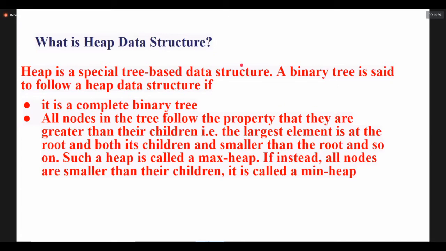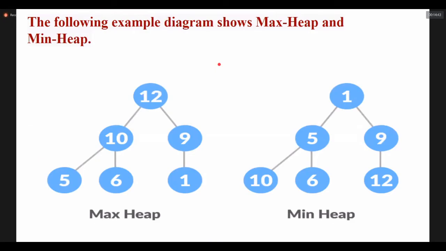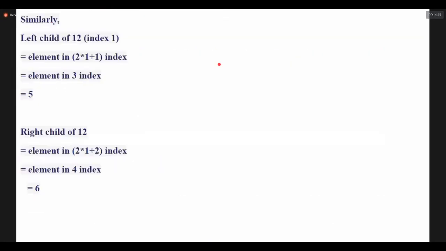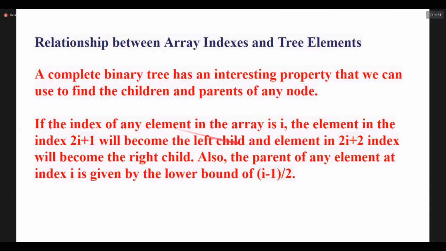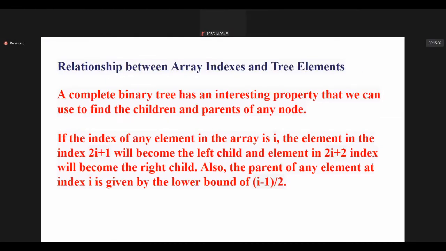The tree is represented in an array following this rule. The ith element of the tree is placed at the ith index. For example, the root index is 0, and that root is placed at the 0th index of the array.